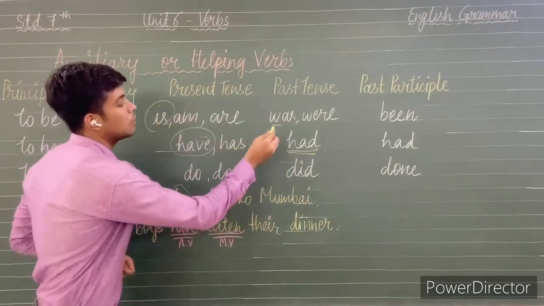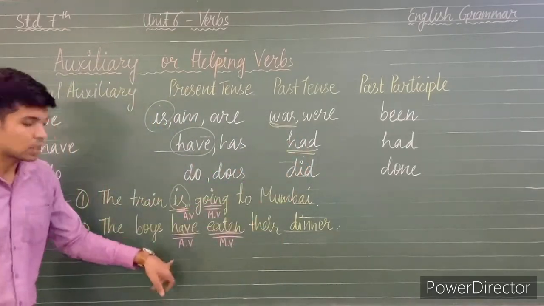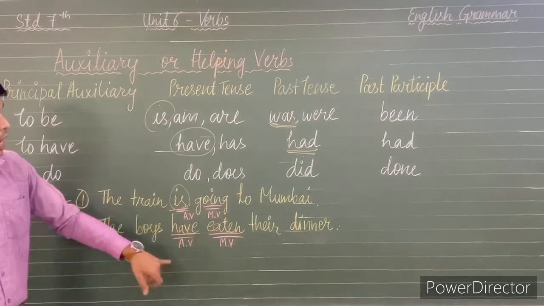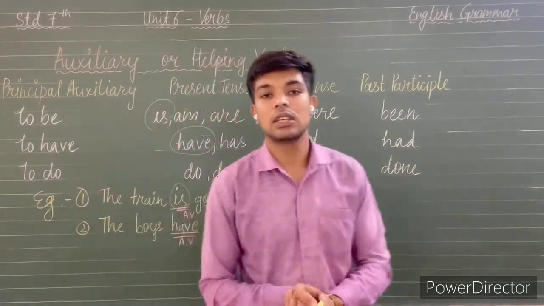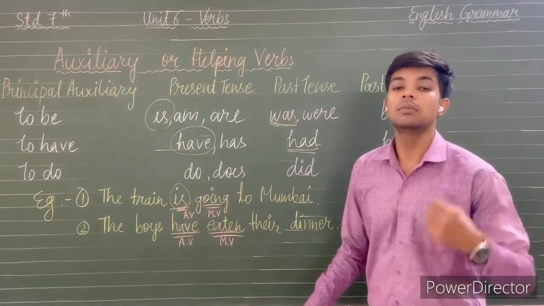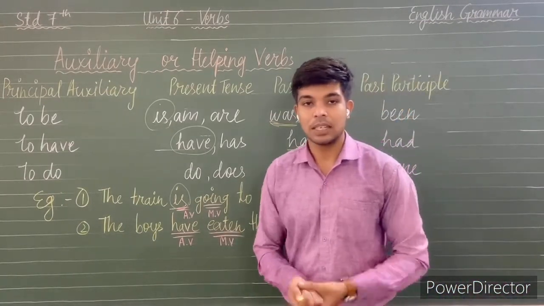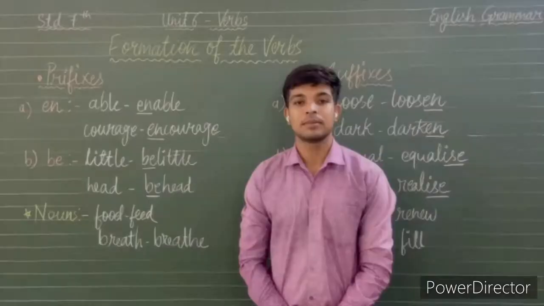As is was becoming was, the have will become had. So the sentence will be expressed as the boys had eaten their dinner. So simply by changing the tense of the auxiliary verb, we can change the sentence into the present, past or past participle form.